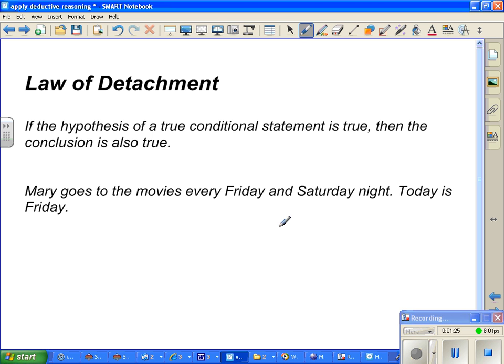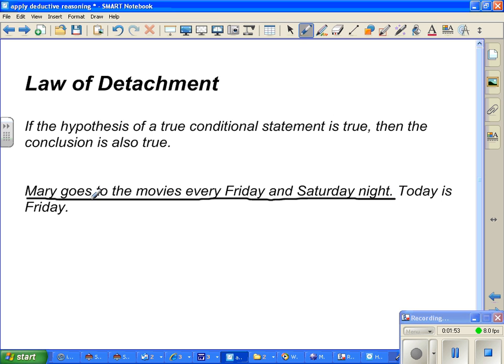First, we need to talk about the law of detachment. If the hypothesis of a true conditional statement is true, then the conclusion is also true. So, Mary goes to the movies every Friday and Saturday night. Here's our original.